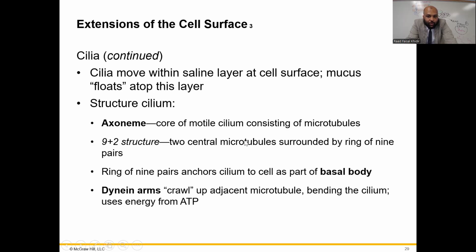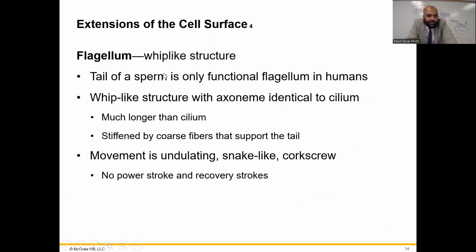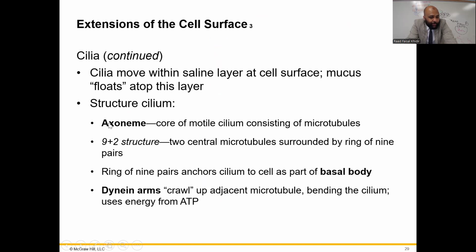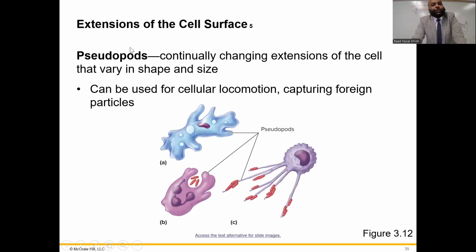You see the cilia has microtubules. Now, when you look at the flagella, what does the flagella have? The flagella are identical to cilium, a whip-like structure with an axoneme, just like the cilia had an axoneme of microtubules. Now the flagella also has an axoneme and it has microtubules. So that makes the flagella similar to cilia.